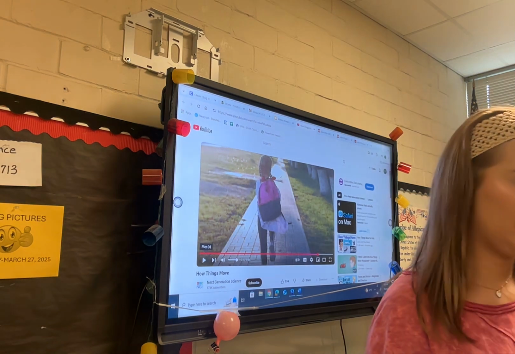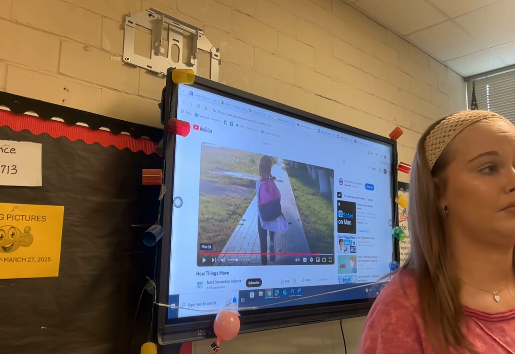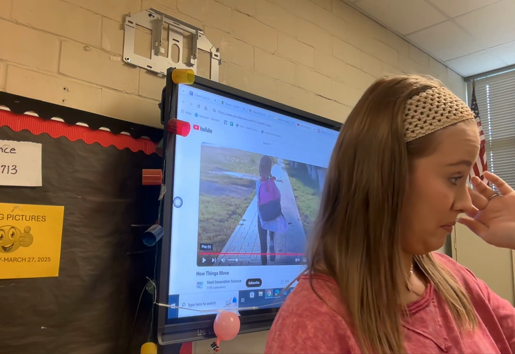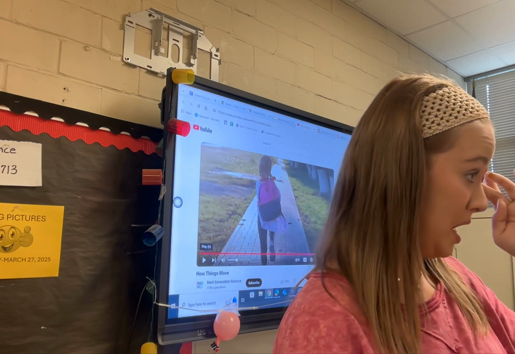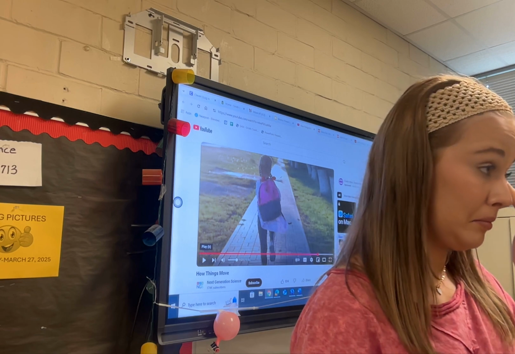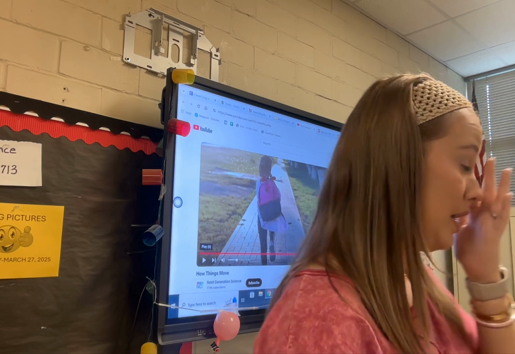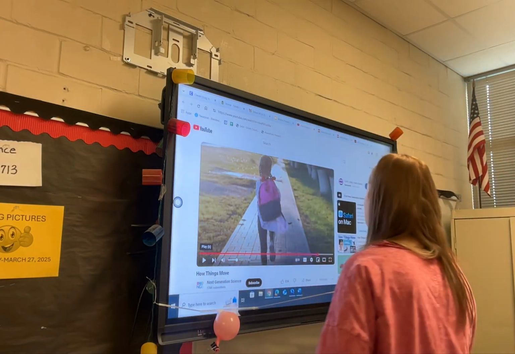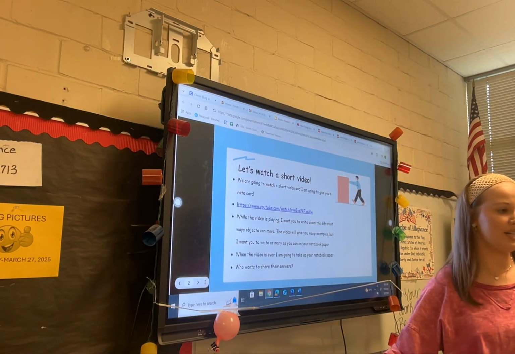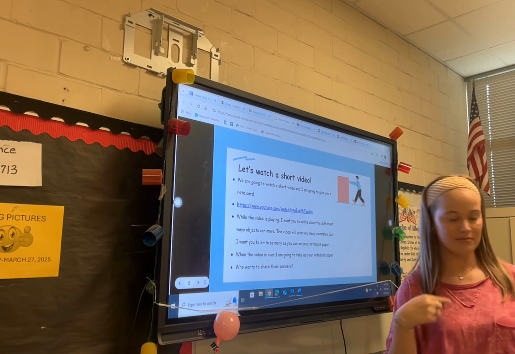Yes, Bracklin. They can go fast, slow, they can spin around. Yes, Jacob. They can do wheels, they can run really fast. Franklin. They can go up and down and bounce. Yes. So objects can move in a lot of different ways, and not only can these objects move in different ways, but we can, right?